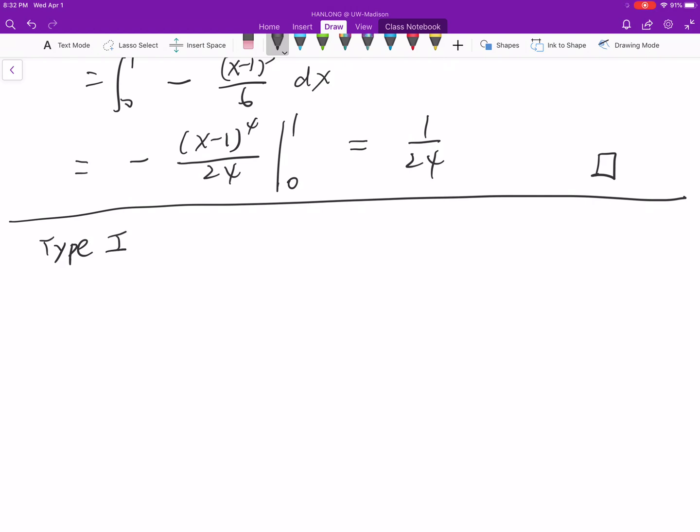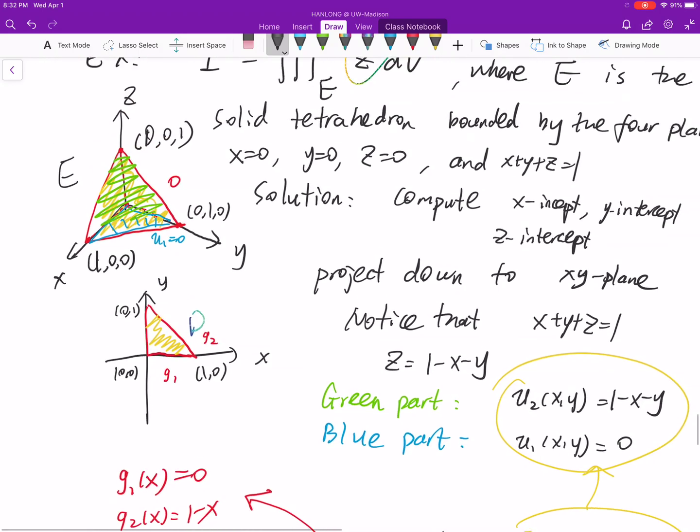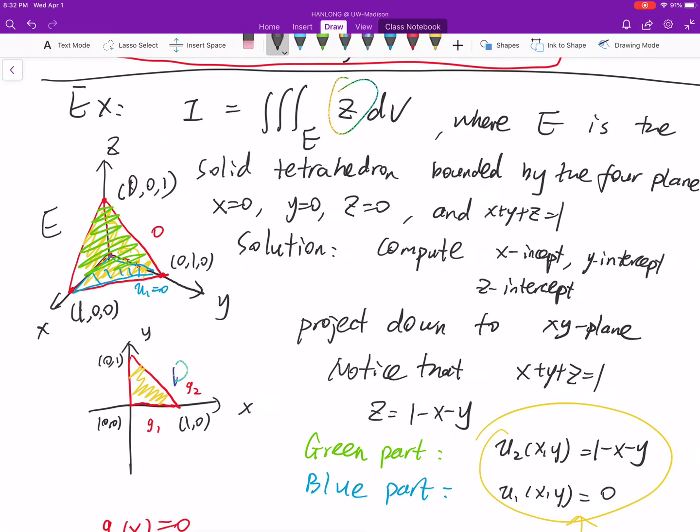Okay, so this is for type 1. Similarly, you might have type 2 and type 3. But actually in 3D, those notations are not really standard. You may choose the notation by yourself, because you see here for E you can project to x, y.